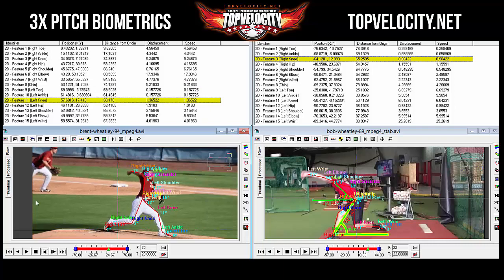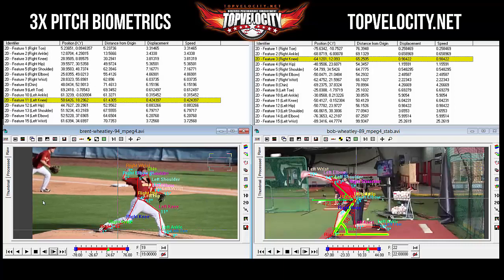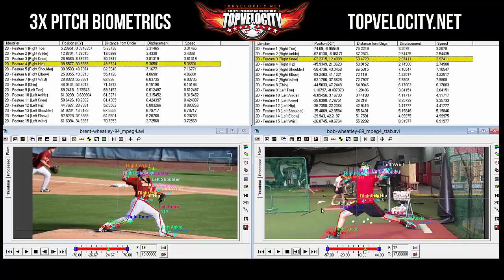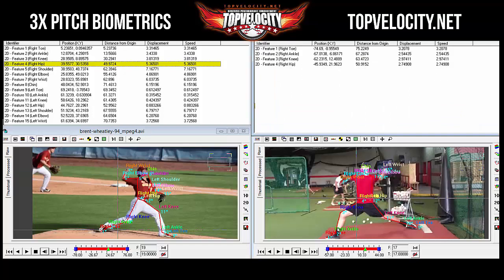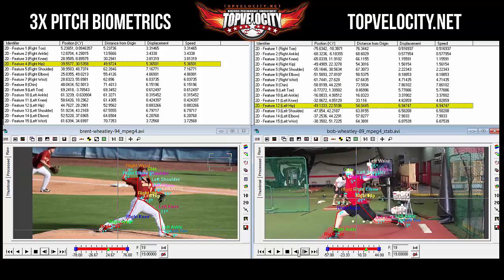If we look at the hip rotation speeds, they hit a 5. Look at Bob's hip rotation speeds. Okay, hit a 6.9. So more here, but those forces were too early, causing trunk rotation to go too early, not separating as well.